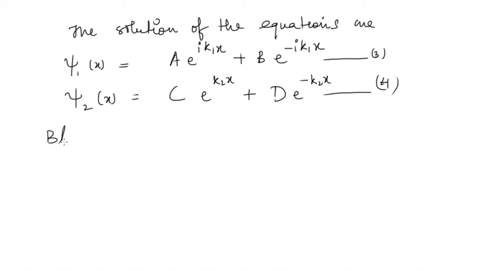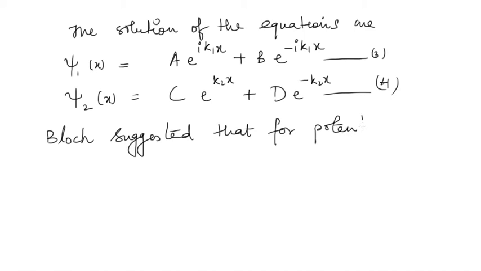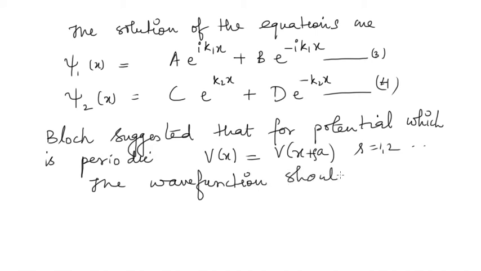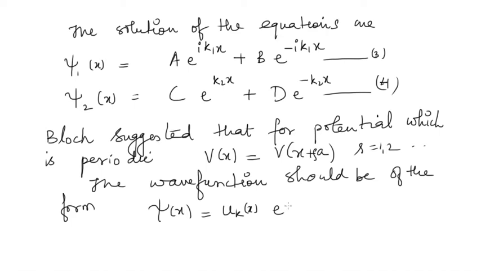Now Bloch suggested, and we have already proved this, so here I would be using the result, that for a potential which is periodic, V(x) equal to V(x plus a), the wave function should be of the form psi of x equal to u_k(x) e to the power ikx.